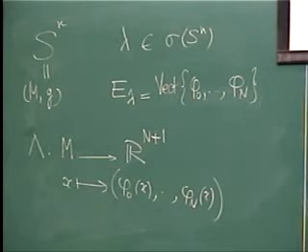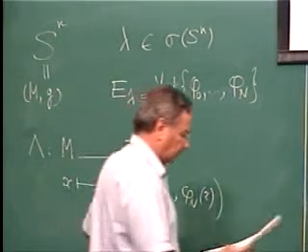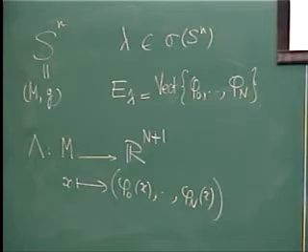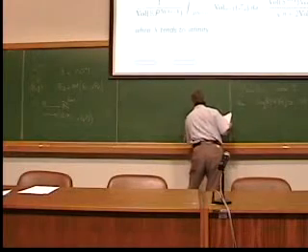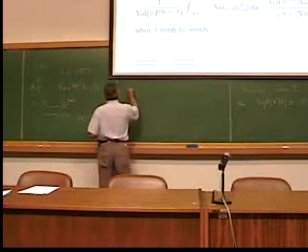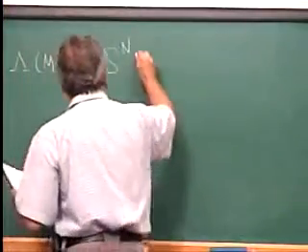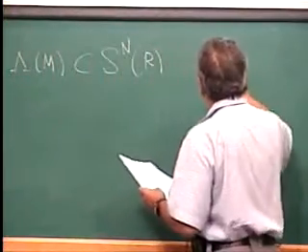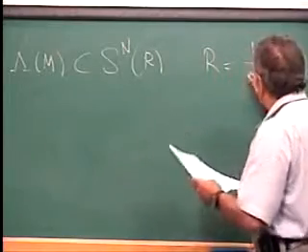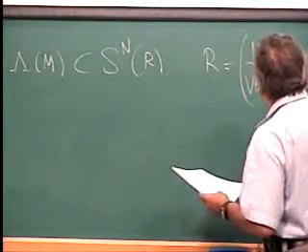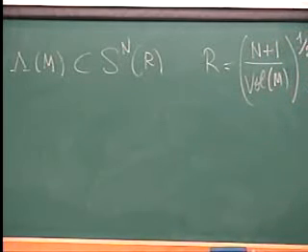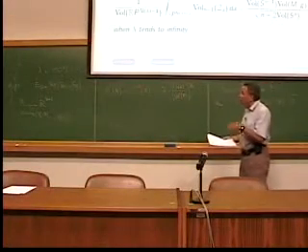Then when you do this, what happens is that the image of M is contained in the sphere with radius r. Well, for the sphere, there's not really an embedding. You have to divide out by the antipodal map, so you have really an embedding from the real projective space, but otherwise, that's an embedding.